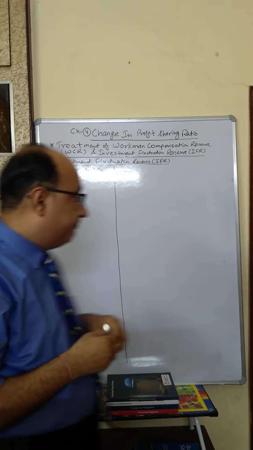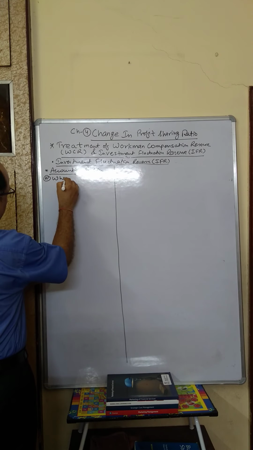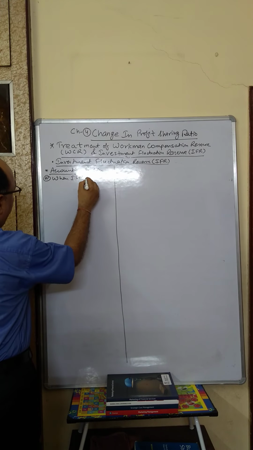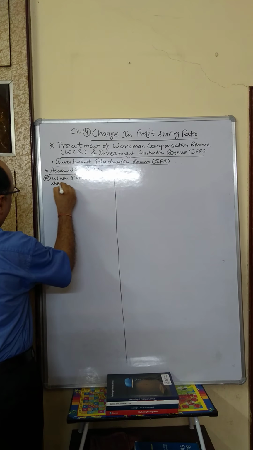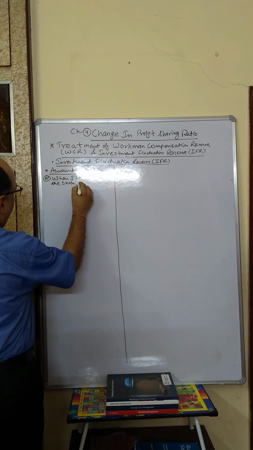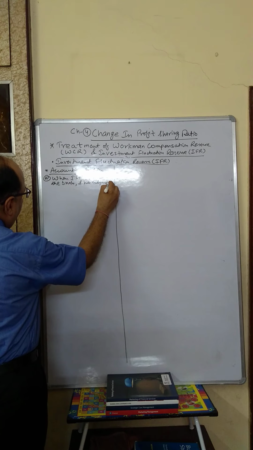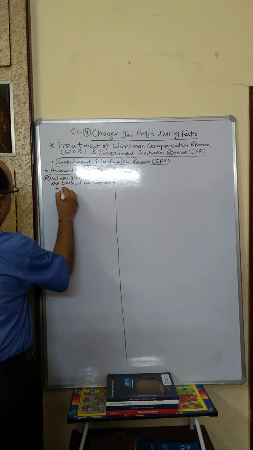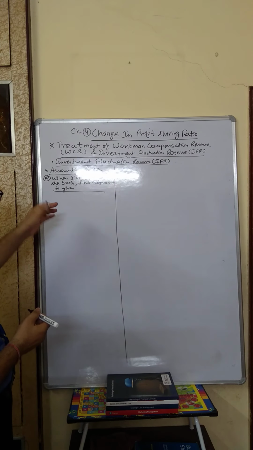Number A, when IFR exists in the books and no adjustment is given.